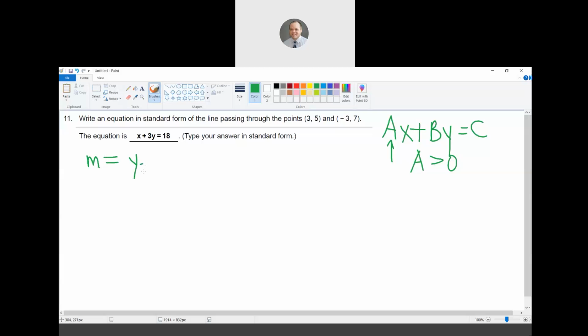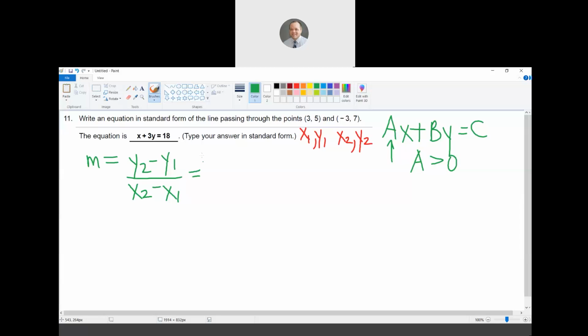So let me write down our formula first. x sub 1 and y sub 1 as our given first ordered pair, and x sub 2 and y sub 2 as our given second ordered pair. We'll plug everything in carefully.